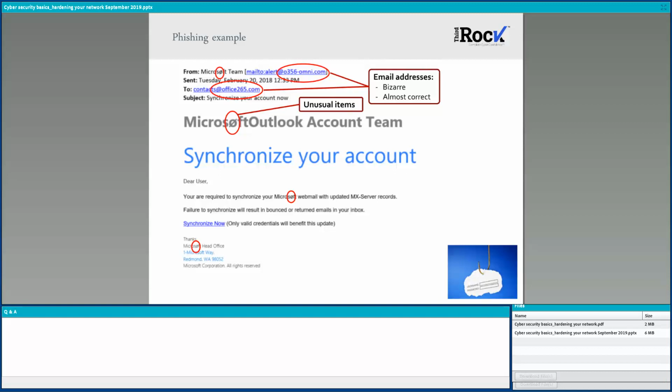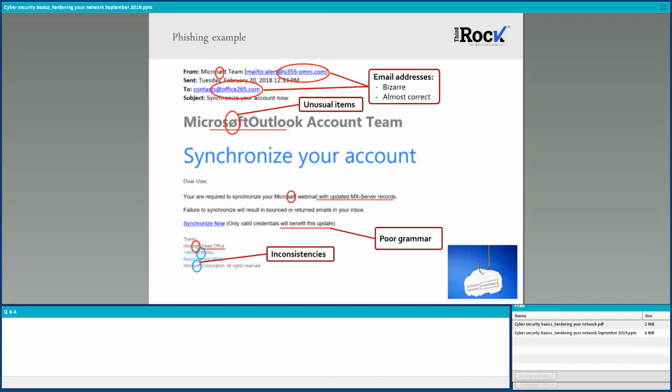Microsoft isn't spelled with this unusual character; I've never seen it spelled that way. They're also not consistent, using a different spelling in other parts of the message. The grammar is particularly bad: "Only valid credentials will benefit this update." Clearly, it was not written by somebody proficient in English.